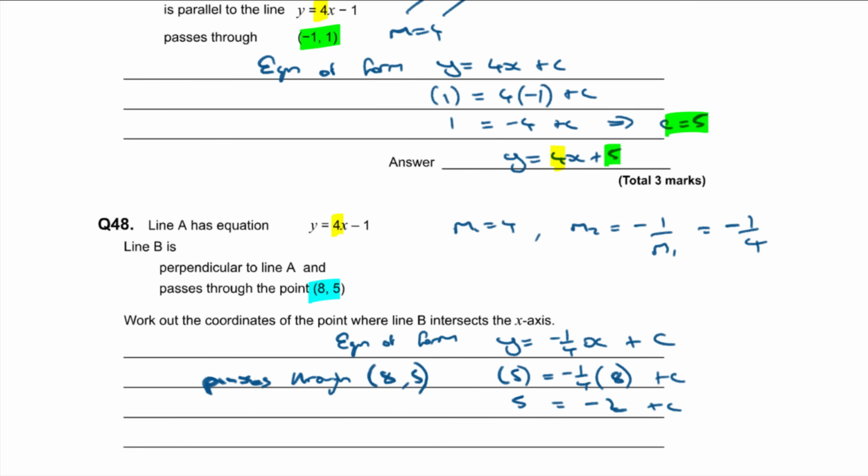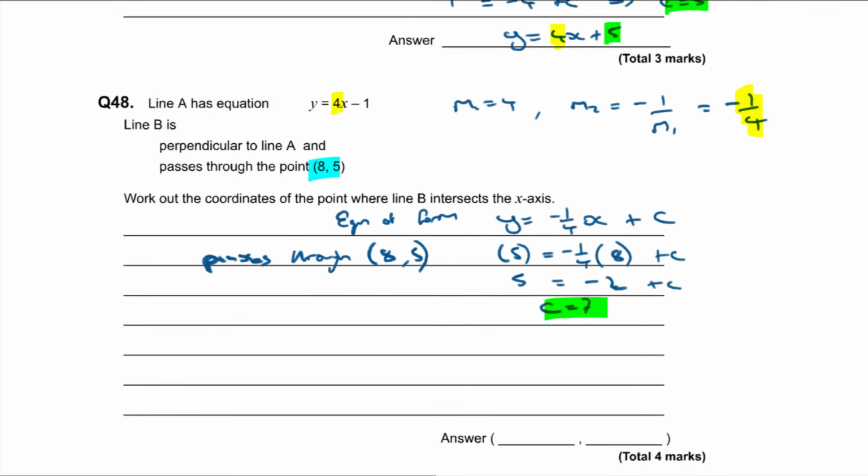So rearranging, c is equal to 7 then, isn't it? So now I know the gradient, it's -1/4, and I know c, it's 7. So piecing that together, my equation is y is equal to -1/4 x plus 7. Okay, so plonking in the gradient, plonking in the intercept.